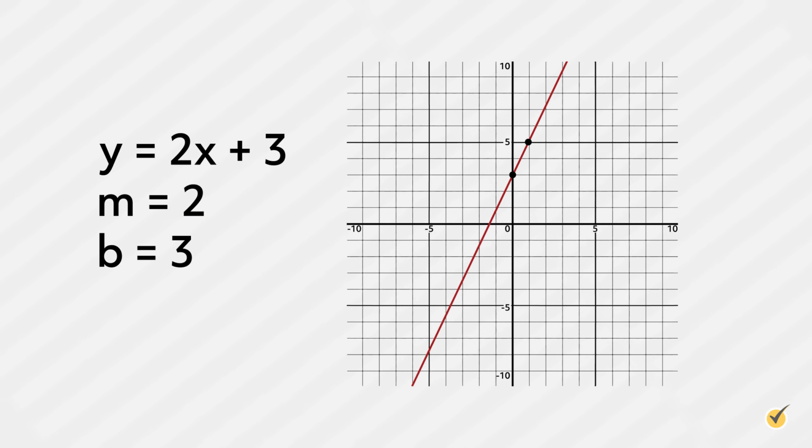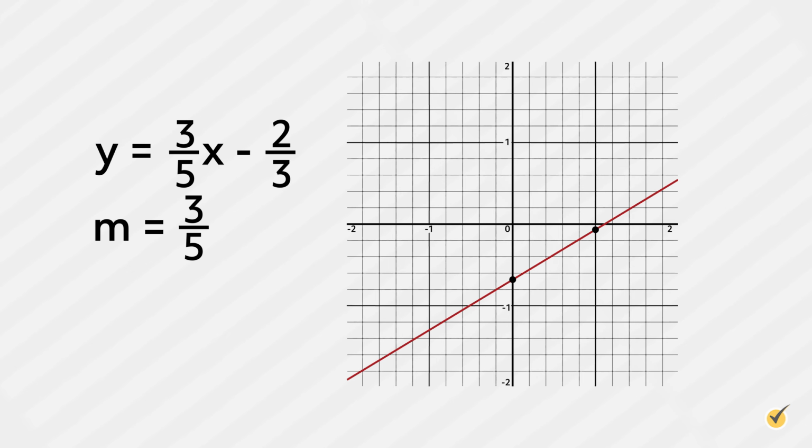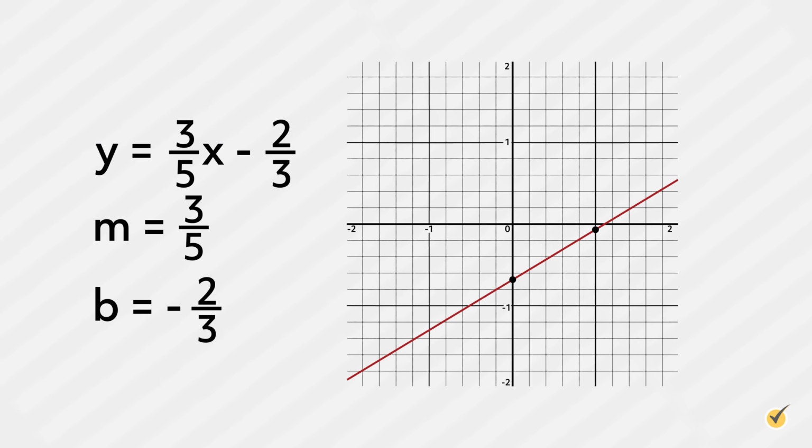Let's try another one. y equals 3/5 x minus 2/3. The slope of this equation is m equals 3/5. Because the slope is positive, the line slants upward from left to right. The y-intercept is negative 2/3, which indicates that the line crosses the y-axis at the point (0, negative 2/3).